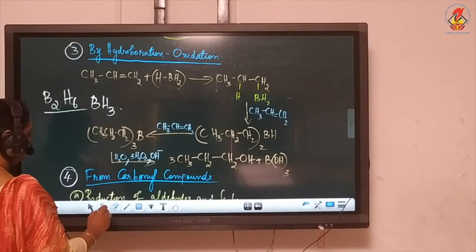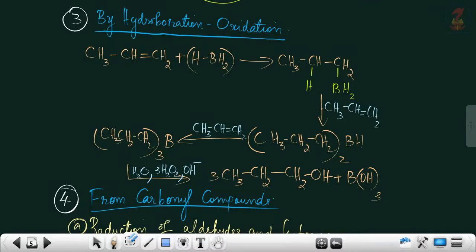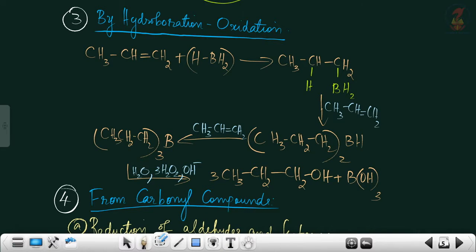Again, you can see on the board, we start with alkene, propene plus BH3. Now I've taken one hydrogen out and it is written as HBH2. You get an addition product.